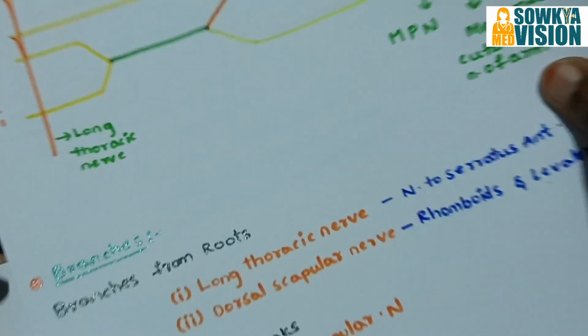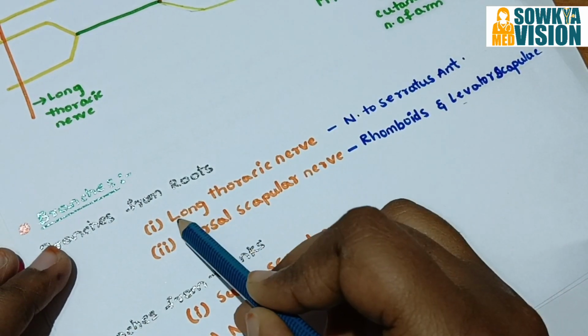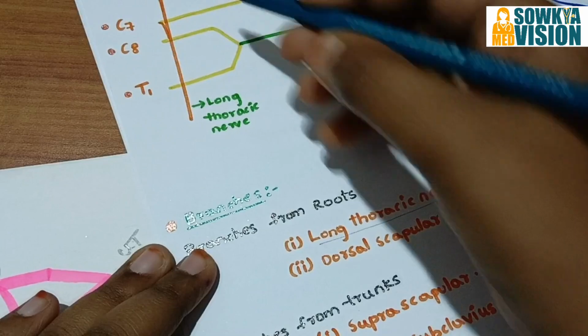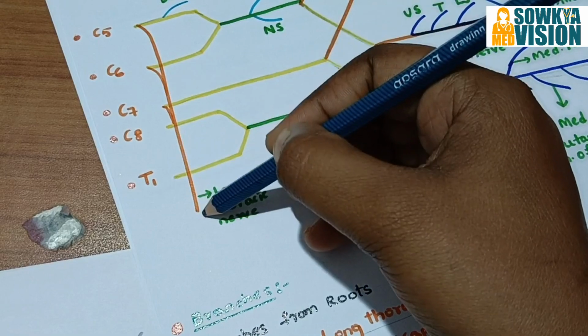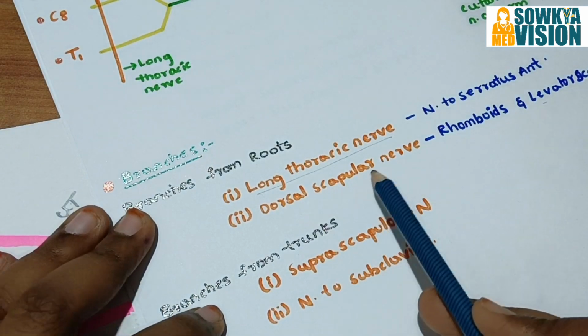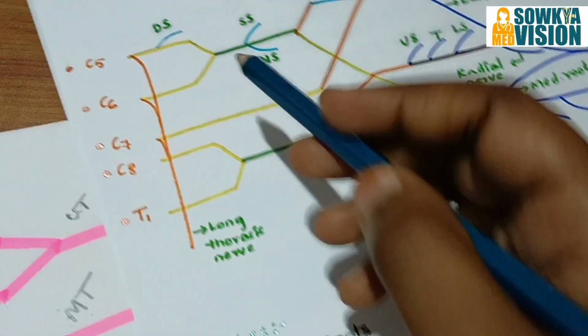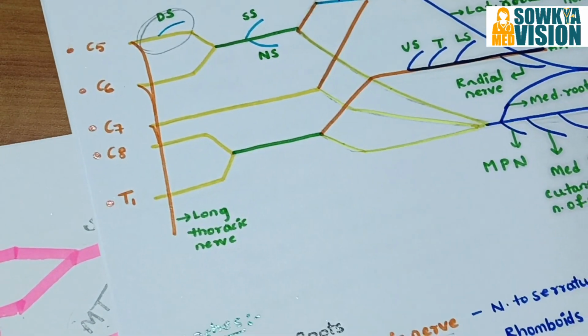Now, let's see the branches from the roots and trunks. What are the branches from roots? There are 2 main branches. Long thoracic nerve. See, this is the long thoracic nerve, orange color. This is the long thoracic nerve from C5, C6 and C7. Dorsal scapular nerve. Sorry, this is the dorsal scapular nerve from C5.